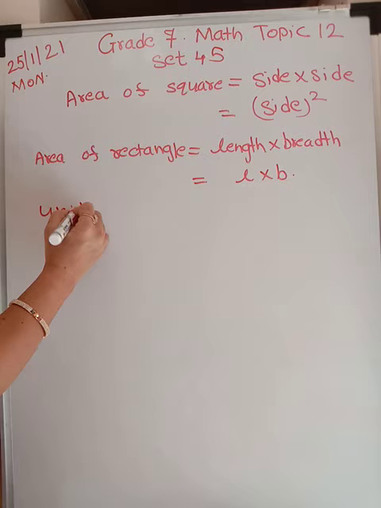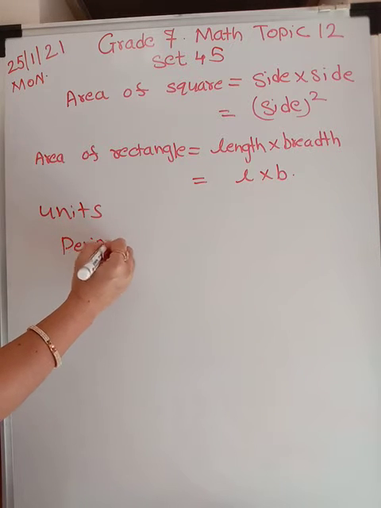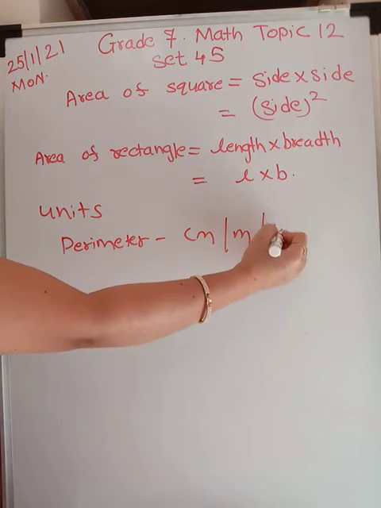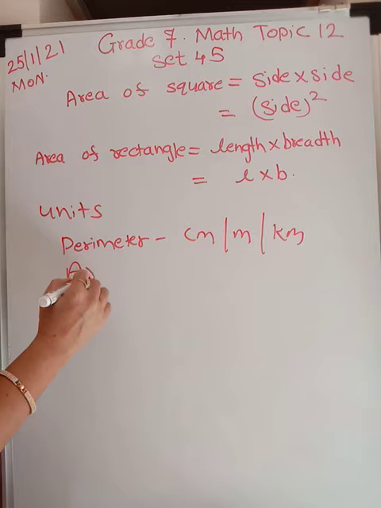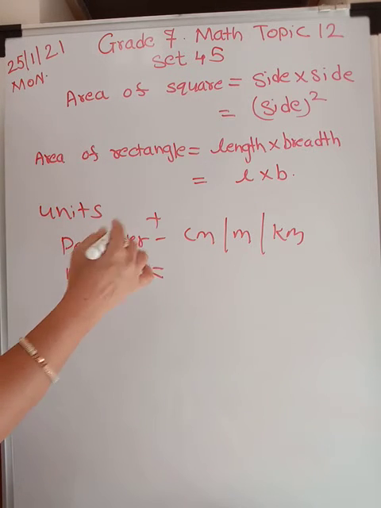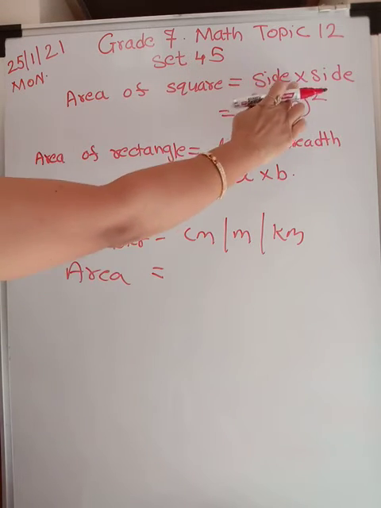If you speak about units in terms of meters or centimeters, perimeter is always in the form of centimeter or meter or kilometer. But area, perimeter is sum, plus. If you are adding, it doesn't make the square. Here it is multiplication. So centimeter into centimeter.